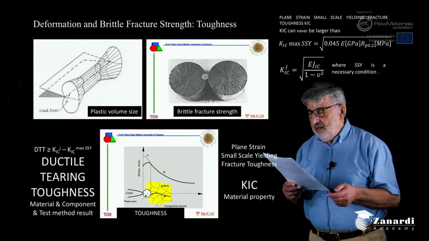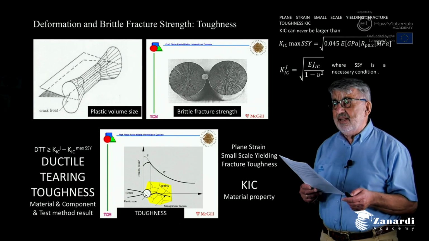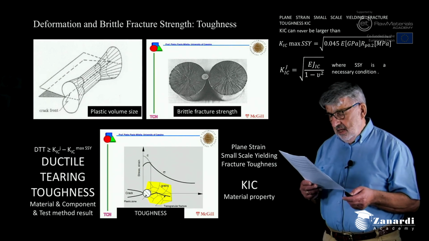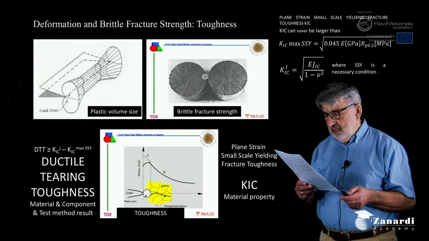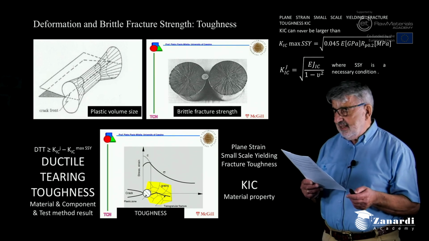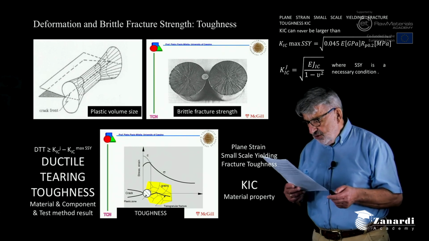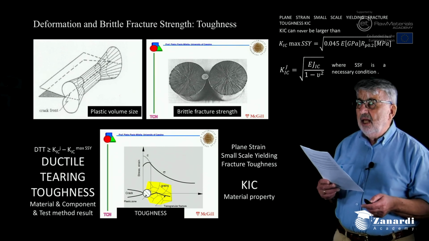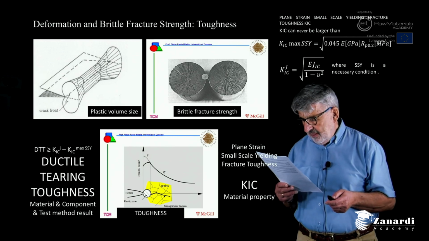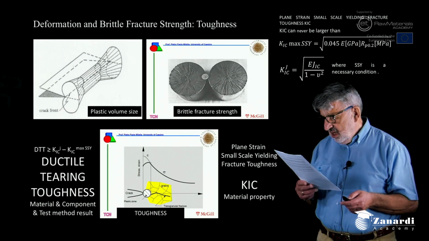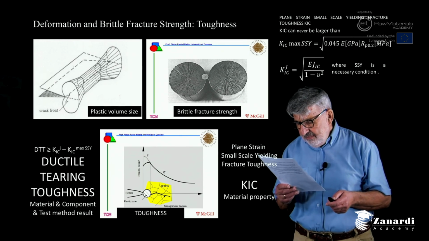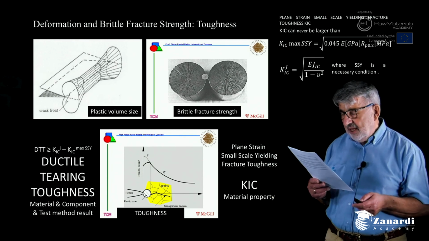The plane strain small-scale yielding fracture toughness K1C is a material property measuring the resistance to brittle transgranular crack propagation at the actual temperature. On this base, gold and glass can be compared between each other.